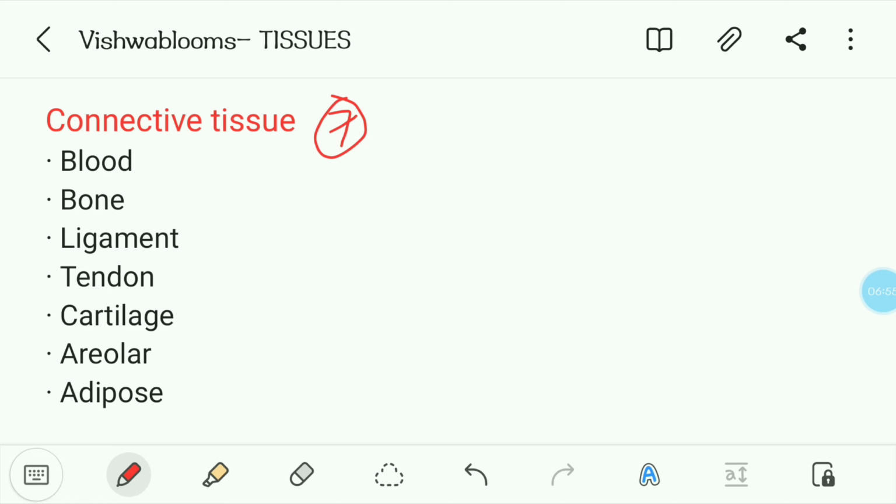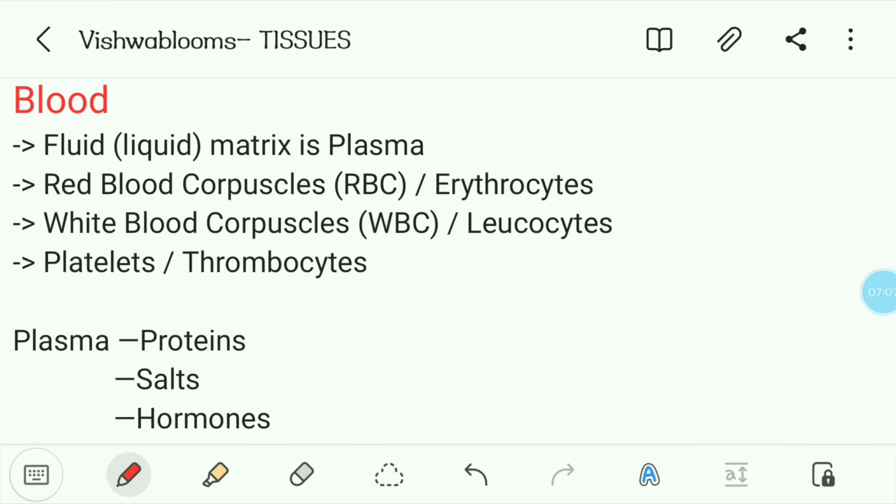Now we have to learn seven connective tissues: blood, bone, ligament, tendon, cartilage, areolar tissue, and adipose tissue. So let's get into blood first. Blood is actually a fluid, with a liquid matrix that is plasma.